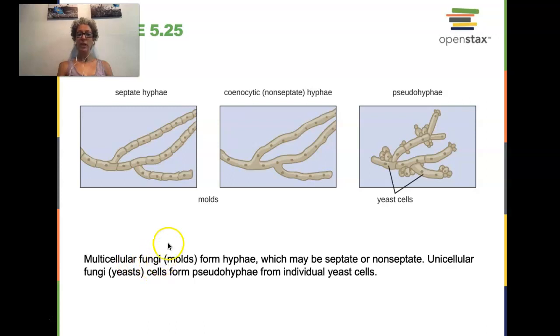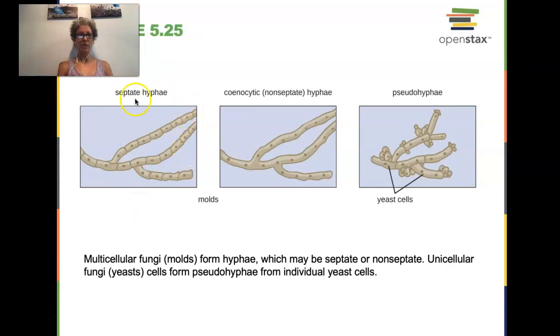Some fungi, many fungi, are multicellular, like molds, and they form hyphae, those furry strings that you see when you get leftovers left too long in the refrigerator, or agar plates left open too long to the air.